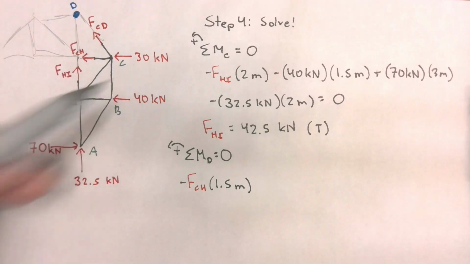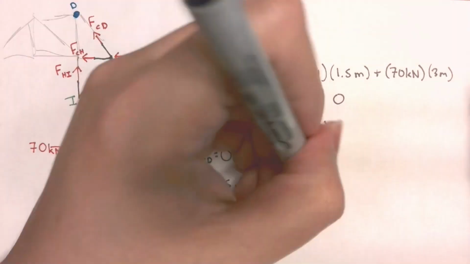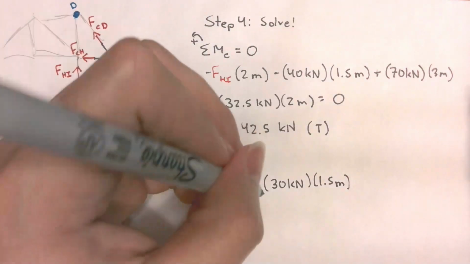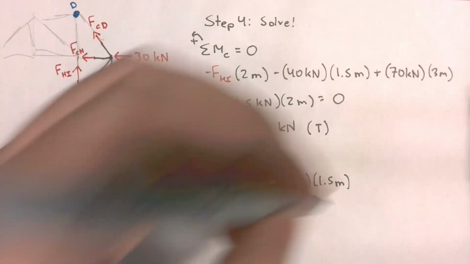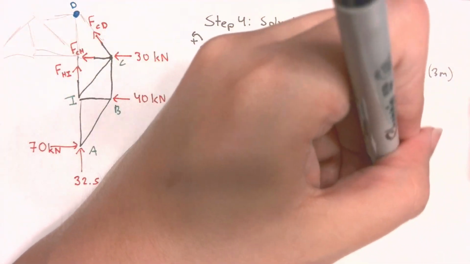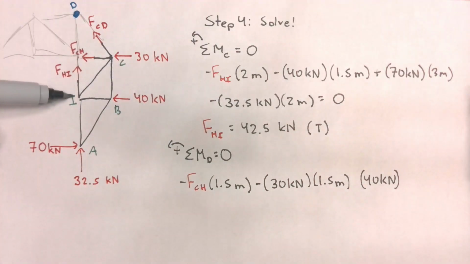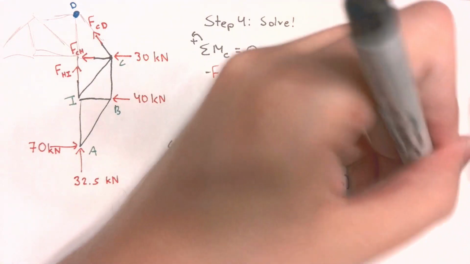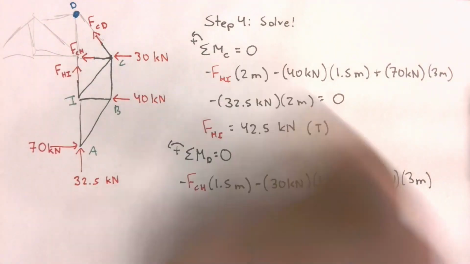I have 30 kilonewtons also acting at 1.5 meters from point D, also causing a negative rotation. I have 40 kilonewtons acting at 1.5 plus 1.5, that's 3 meters from point D, also causing a negative rotation.